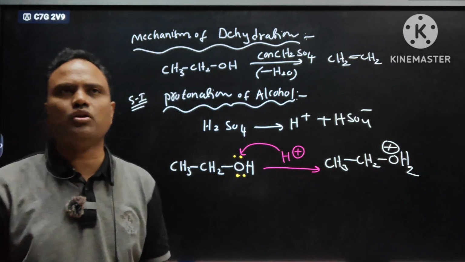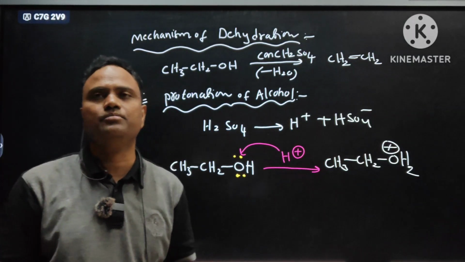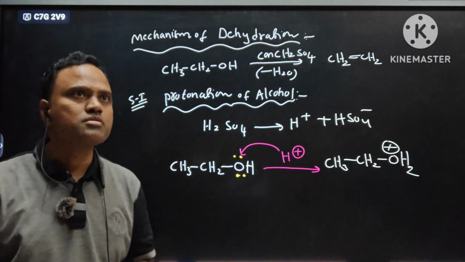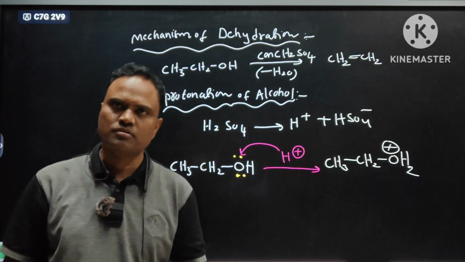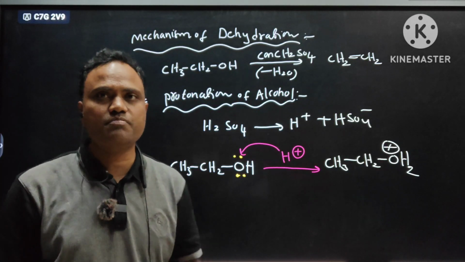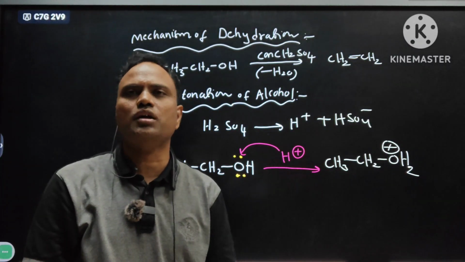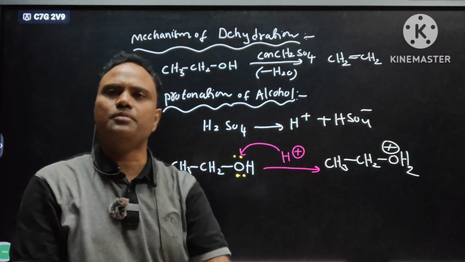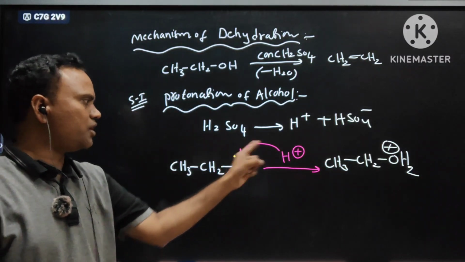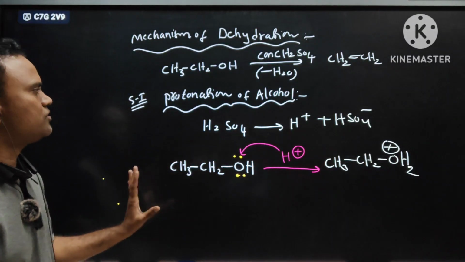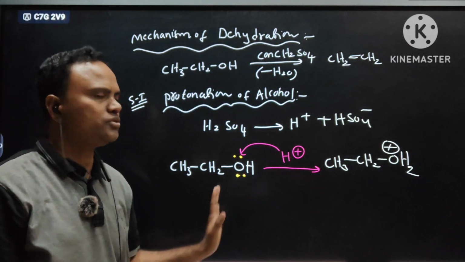Because oxygen is giving its pair of electrons to the proton, losing its electrons, that's why it gets a positive charge. So the first step in the dehydration of alcohol is protonation of alcohol. Step 1 is okay for everybody?